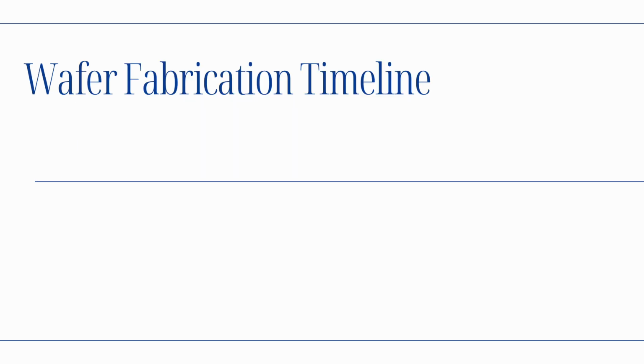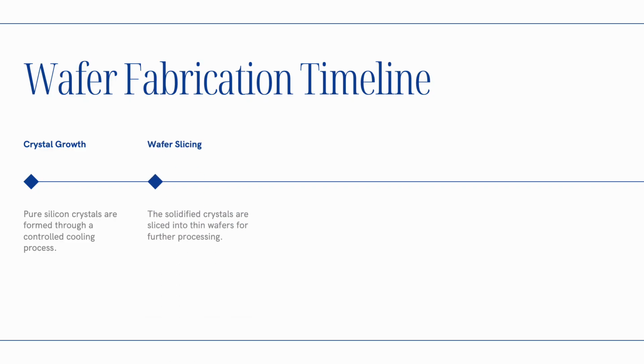Now, let us talk about the process flow. The entire process flow starts with crystal growth, where pure silicon crystals are grown and then the solidified crystals are sliced into wafers, which are to be used for further processing.